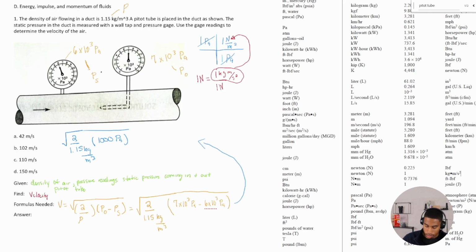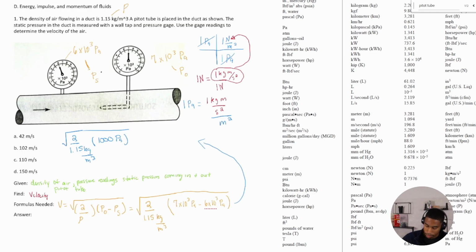So now 1 Pascal is equal to 1 kg times m over s squared, and then all of that over meters squared.